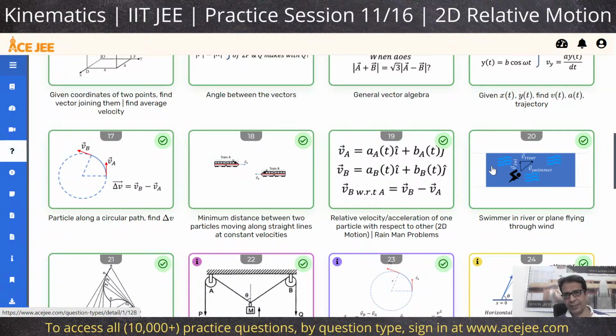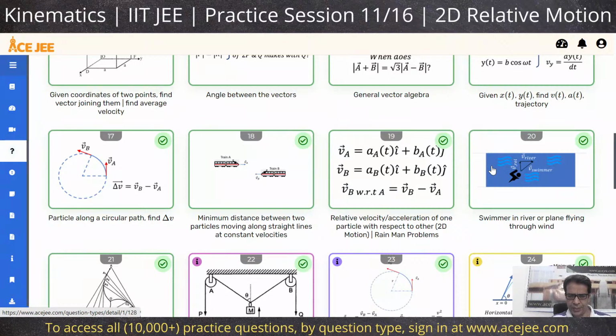In the last Thursday class, we looked at a scenario where we had two particles moving with constant velocities in xy space, and we worked out the approach to find the minimum distance between them. That was number 18.